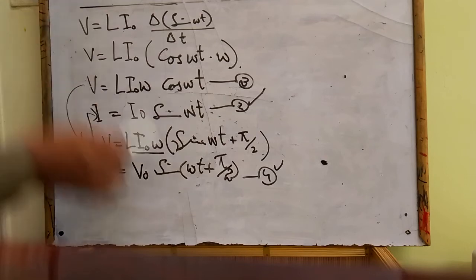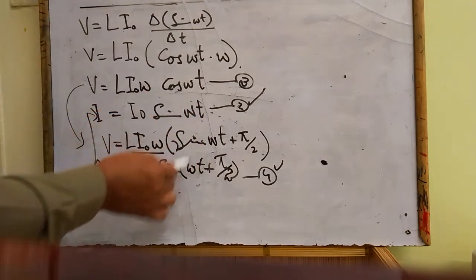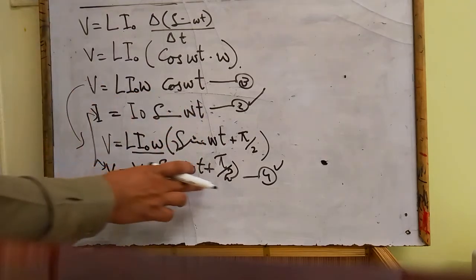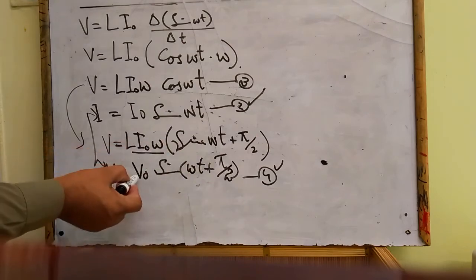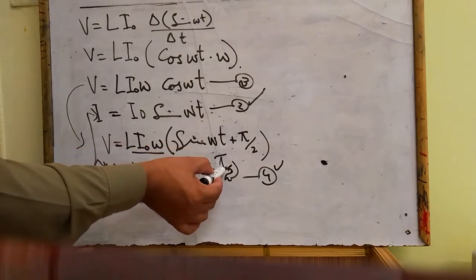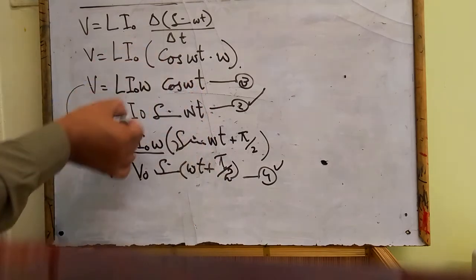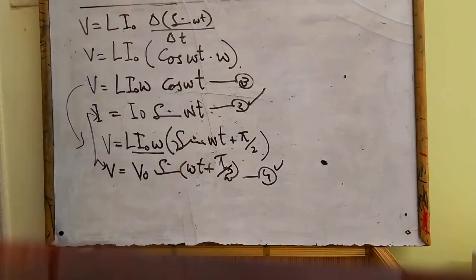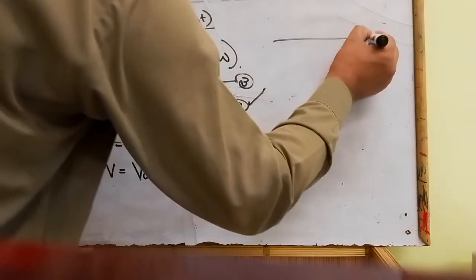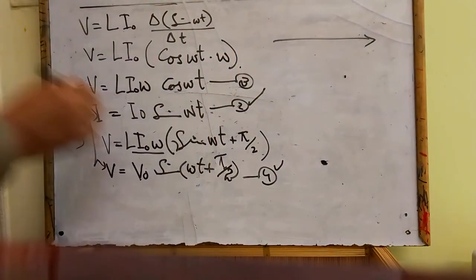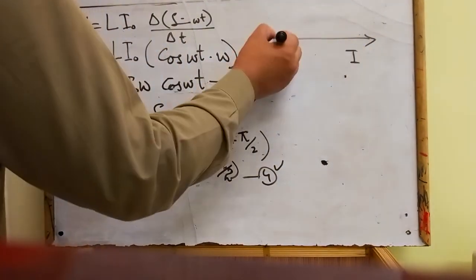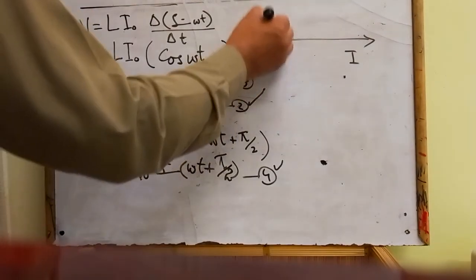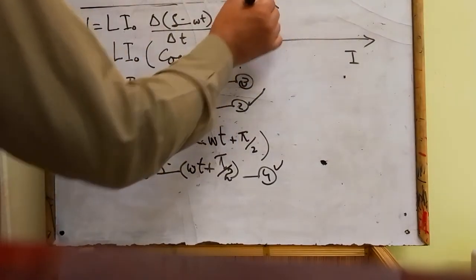Again look at the phase angle of the current and voltage. We can see that voltage is 90 degrees more than the current. So the phasor vector for current was this I, and the phasor vector for the voltage will be this one.